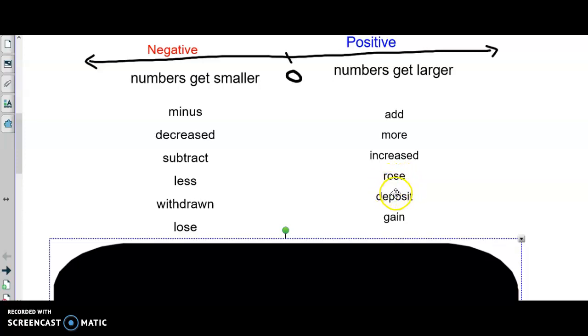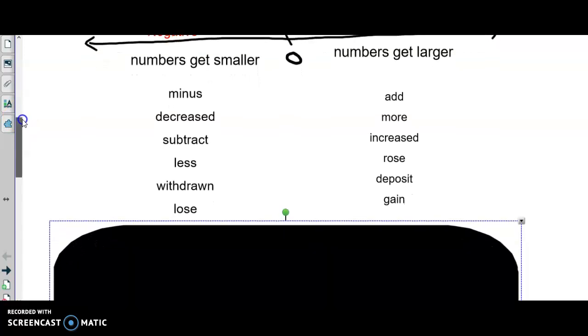I don't know. But rose means to increase or get larger. Deposit: if you put money into your bank account, your balance or the amount of money you have increases. So it's positive. And then gain. These are all words that will tell you if a number is positive or negative.